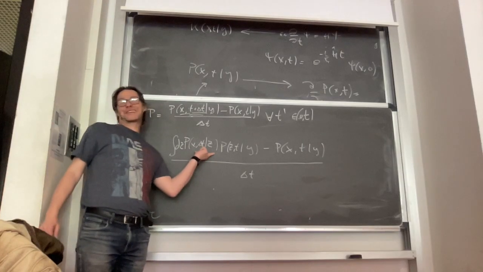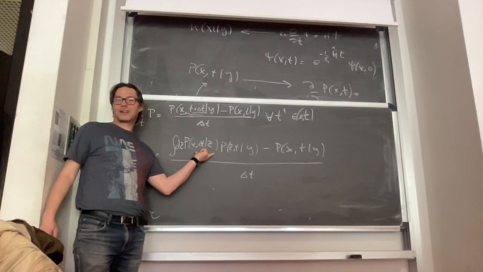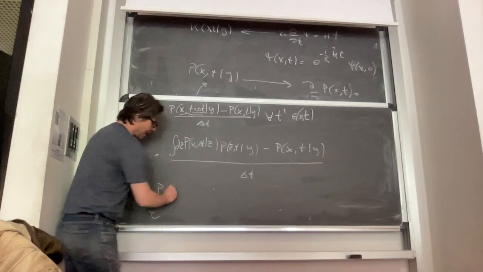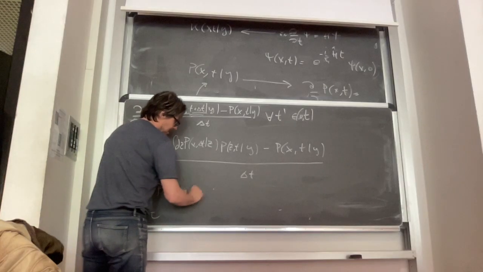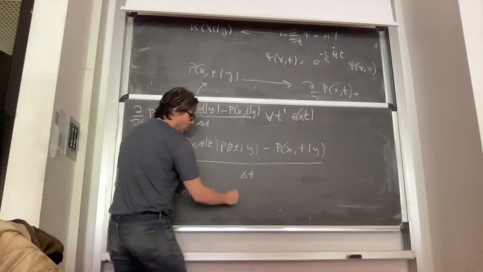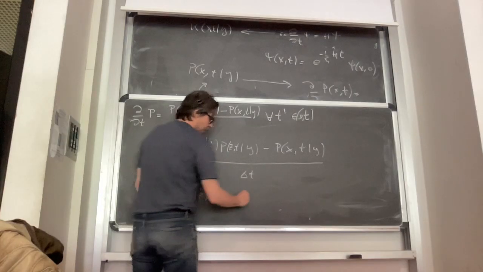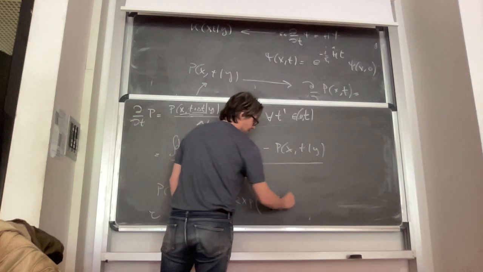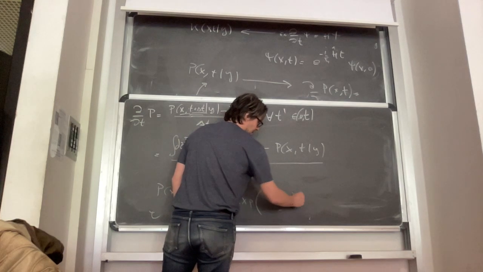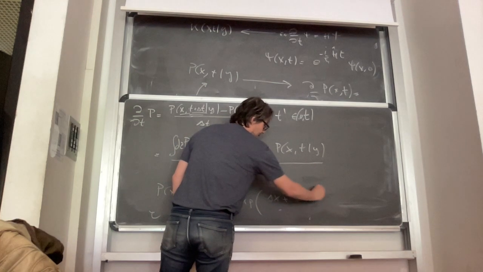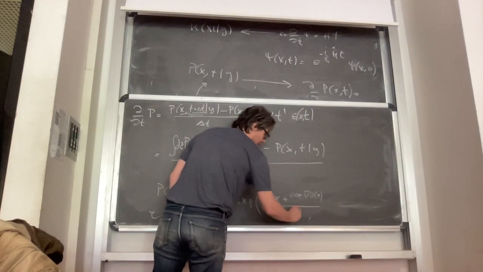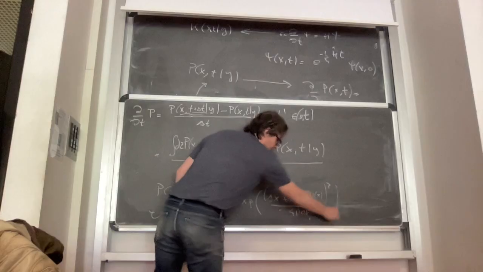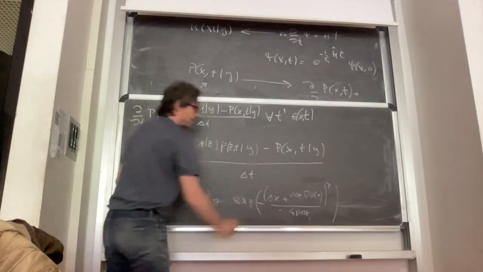But now I have an expression for this, which comes from the path integral representation that they gave you. P of x, delta t, z is proportional to e to the minus the numerator squared, delta x plus D delta t grad u of x, divided by 4 D delta t.